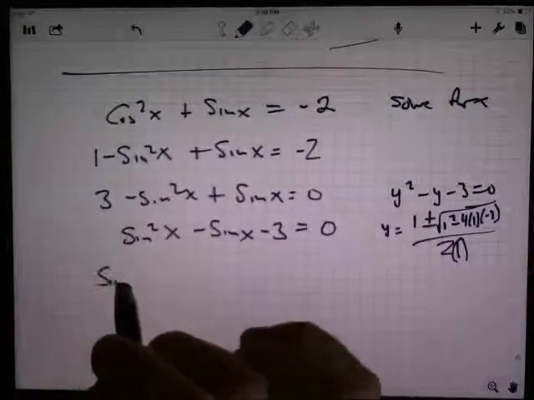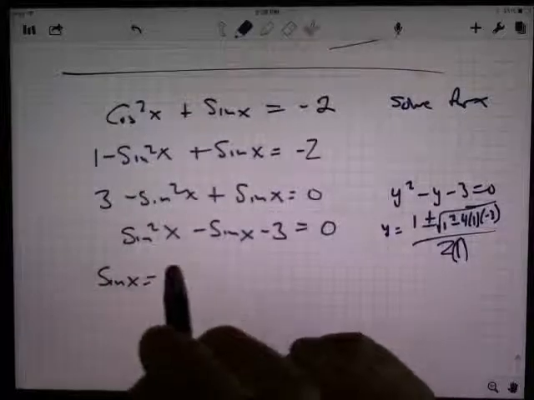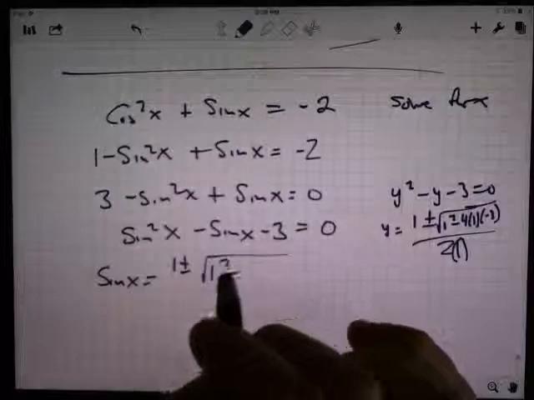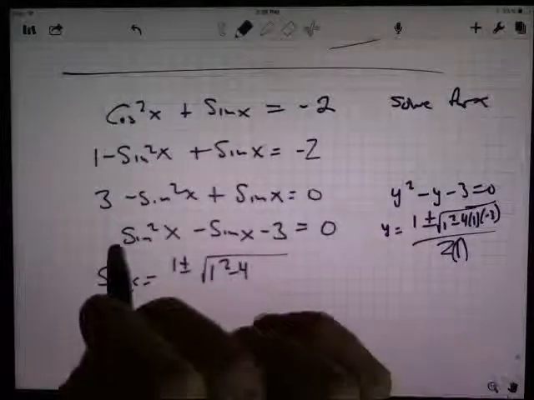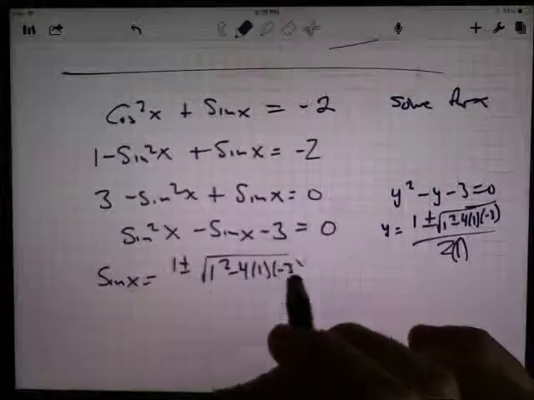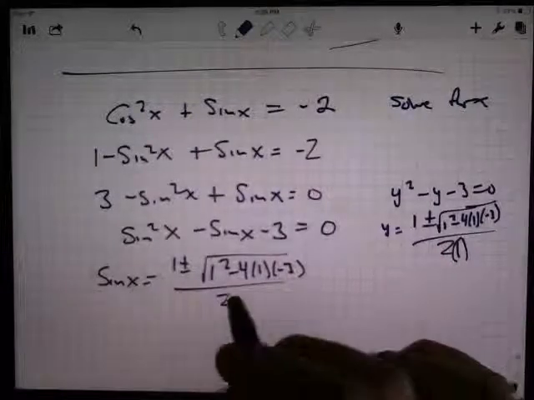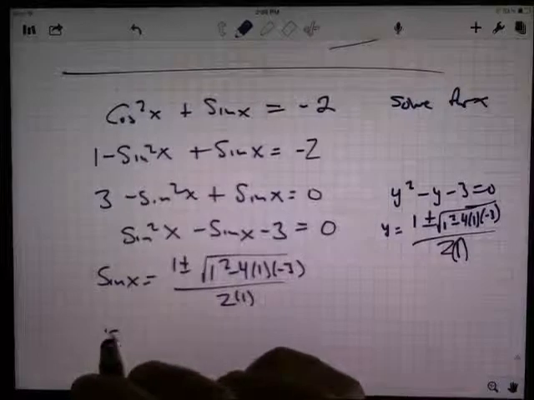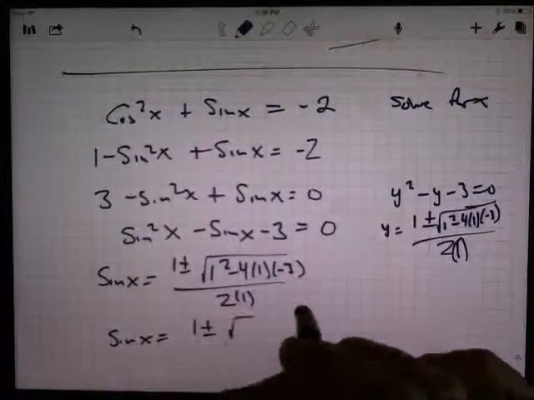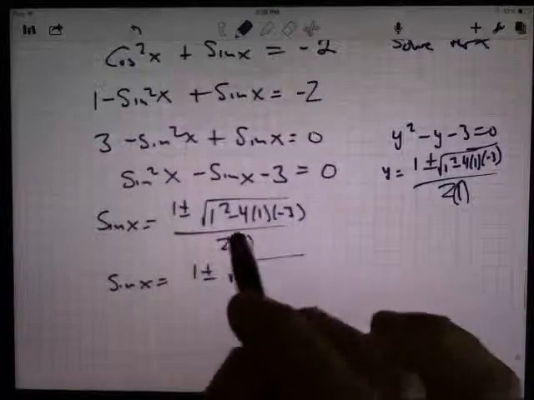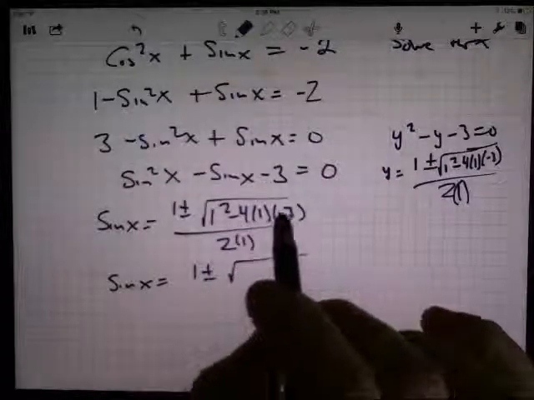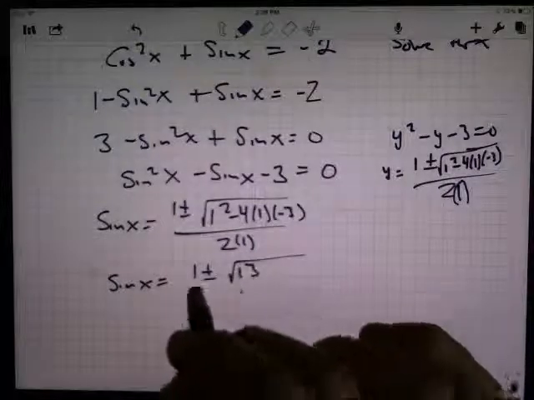So sine of x is equal to the opposite of negative 1 plus or minus the square root of 1 squared minus 4 times a, which is 1, times c, which is negative 3, all over 2 times a, which is 1. So the sine of x is 1 plus or minus the square root of 13 over 2.